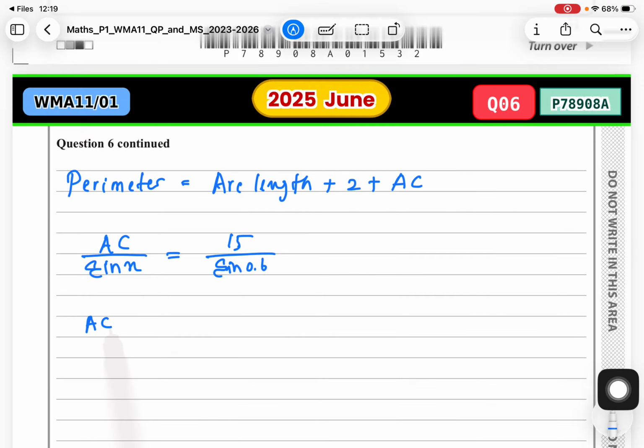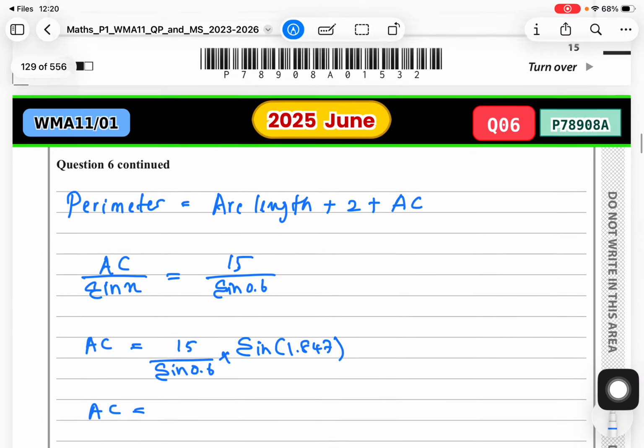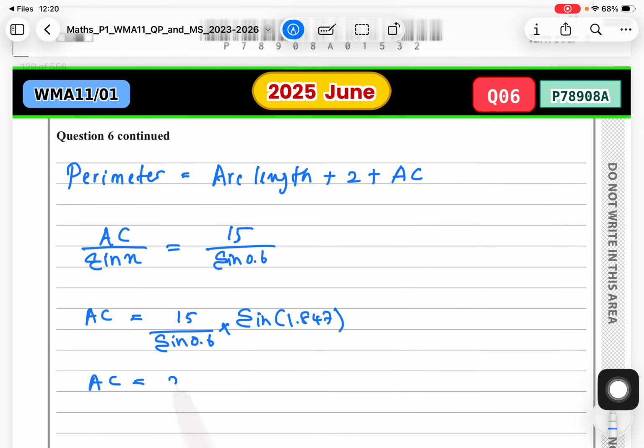So AC would be 15 over sine 0.6 times sine 1.847. So we get the AC as that. So that's a pretty straightforward part. You can easily get the AC value. So it's going to be 25.55 meters.